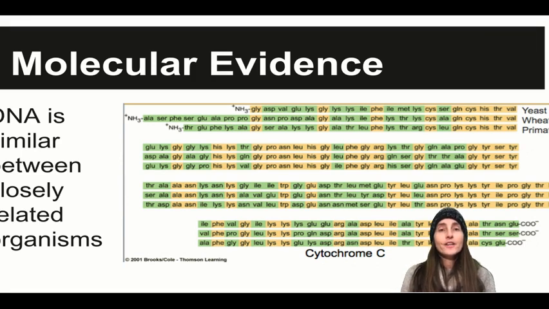So molecular evidence is the final one that I wanted to talk about as far as evidence of evolution. I put it in a circle in the center of your chart because molecular evidence is the one that really provides the most evidence at this time. It started when we did the Human Genome Project, which is basically a project where a lot of scientists worked together to sequence DNA in humans to make sure we understood where all the genes were and what all the letters stood for.